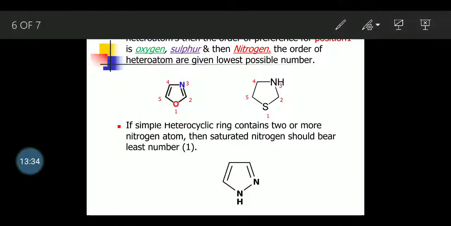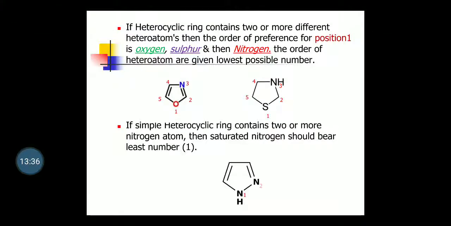The numbering is 1 2 3 4 5, a 5-membered ring, with the first position given to the single-bonded nitrogen, and then we proceed so that the next nitrogen, the unsaturated one, gets the lowest number. This anti-clockwise numbering is the correct way.